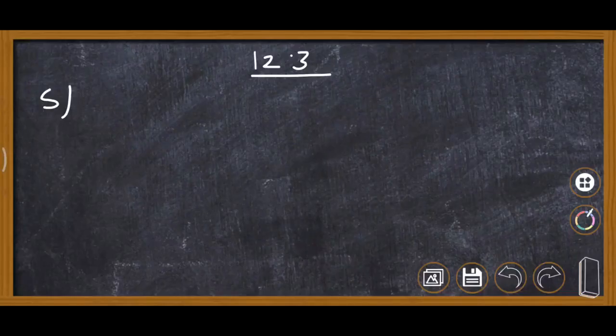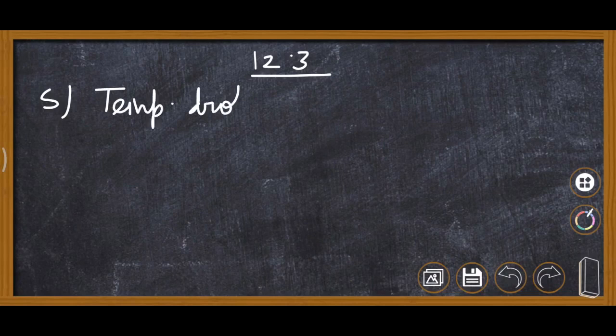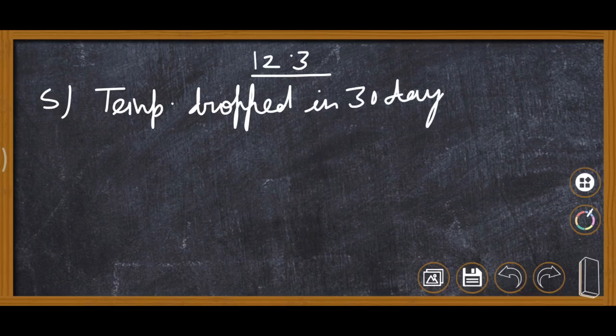Now this is the solution of question number 5, exercise 12.3. First of all, we will write temperature dropped in 30 days. This is 15 degrees Celsius.